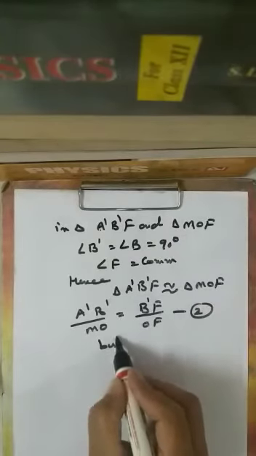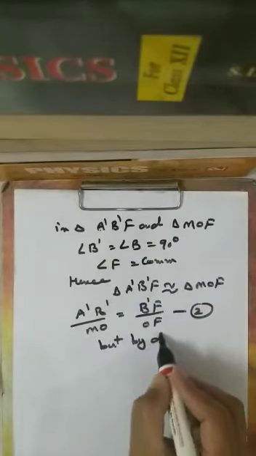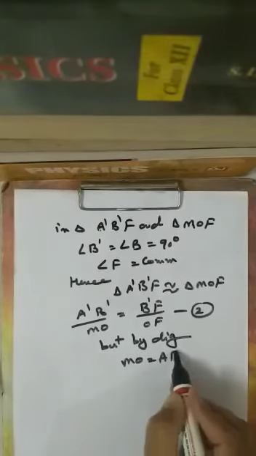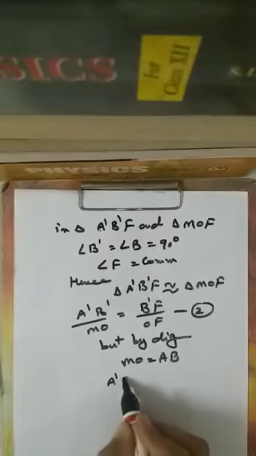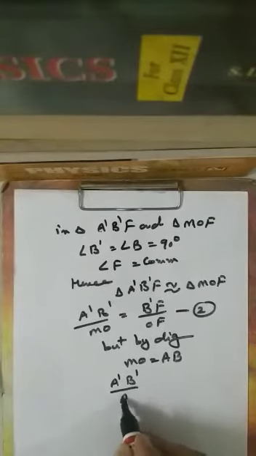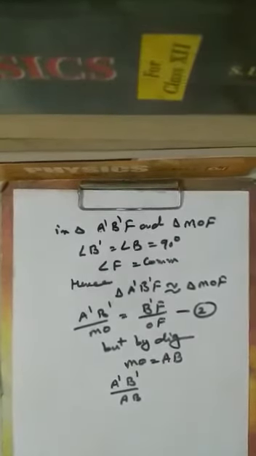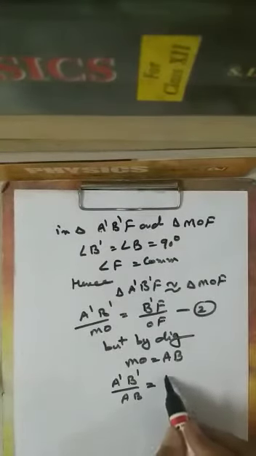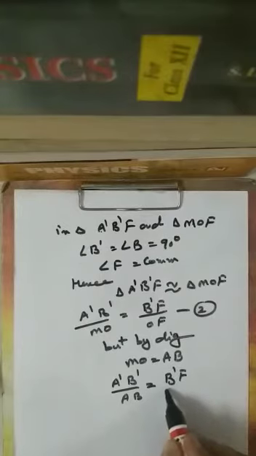But by diagram, MO is equal to AB, hence A dash B dash upon AB is equal to B dash F upon OF.